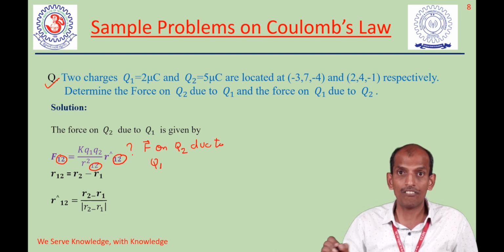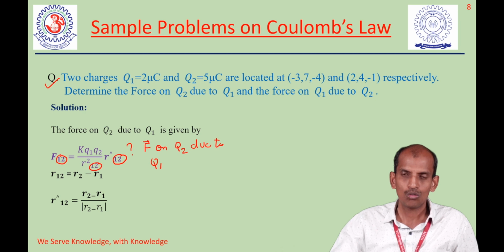If I write F21, whether I'm writing FAB or F12 or F21, the last subscript is the final point which is experiencing the force, and the first one is the cause due to which it is experiencing the force.